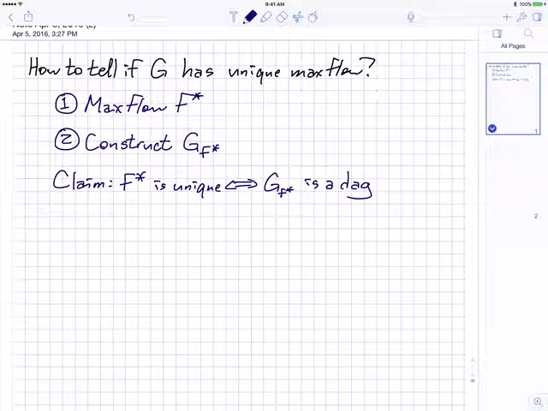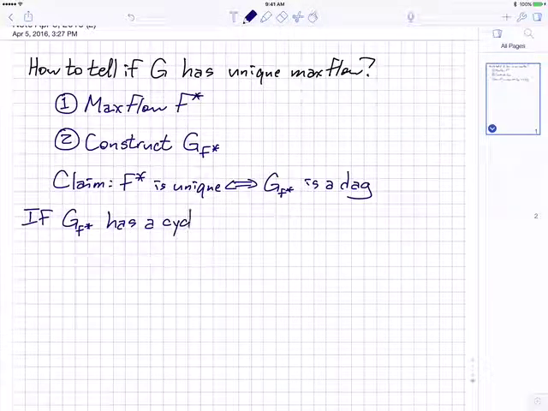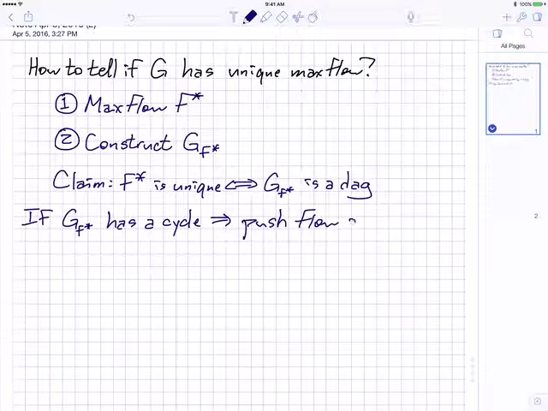And so therefore F star is not unique. So if G_F star has a cycle, then I can push flow around it, and that creates a new flow that has exactly the same value.